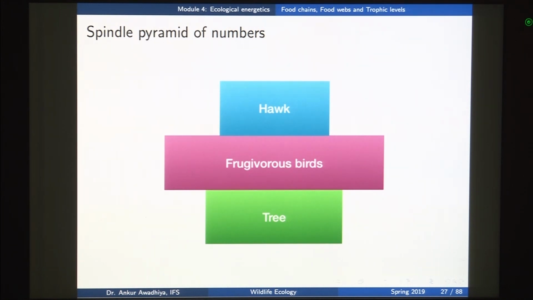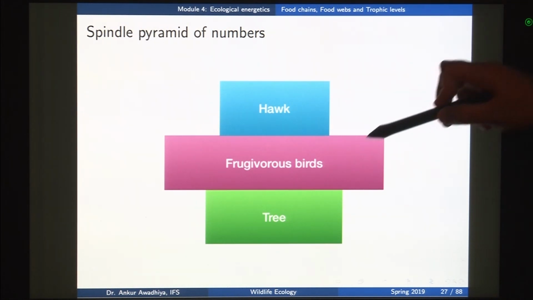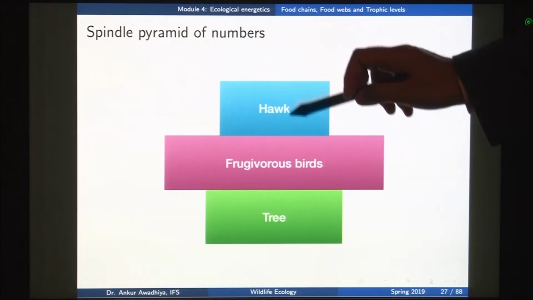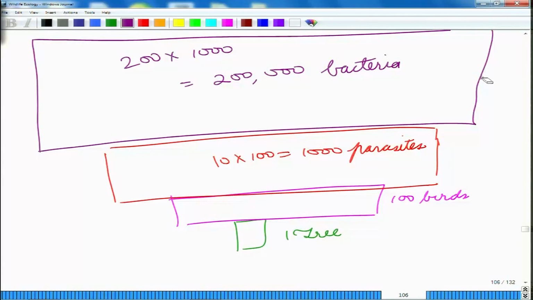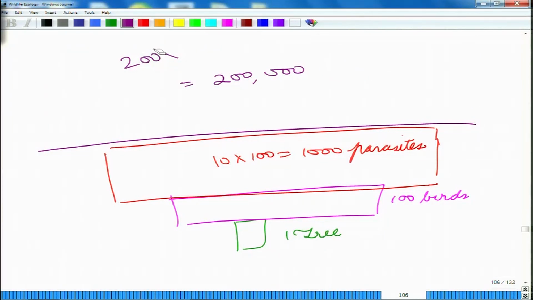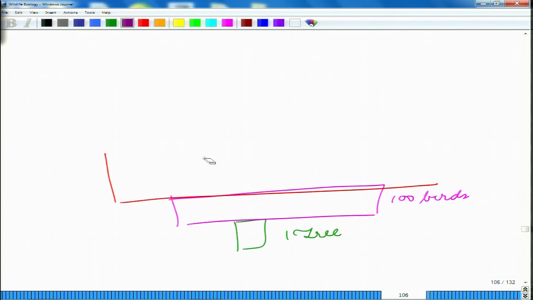Now, in the case of a spindle, you have a middle range that is larger and then that is followed by a smaller portion. So, for instance, we remove the parasites and the hyperparasites that were there in our example, and now you only have these birds that are supporting a population of hawks, and these are say frugivorous birds.